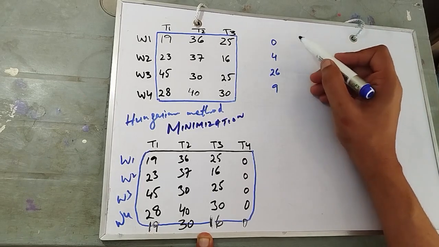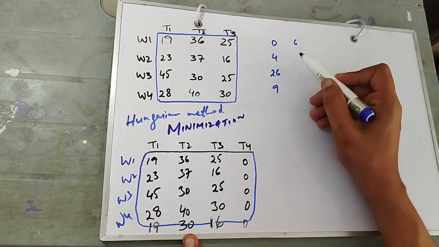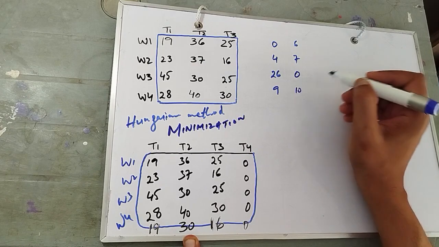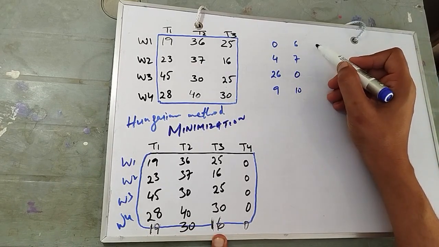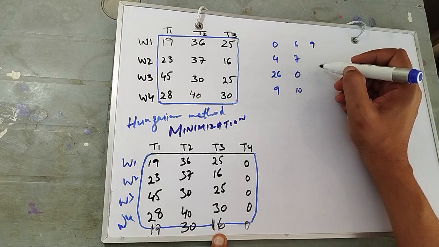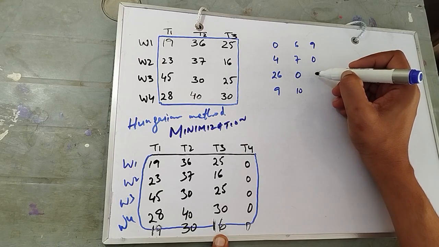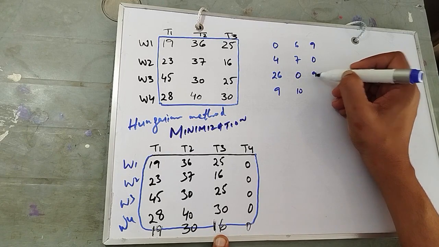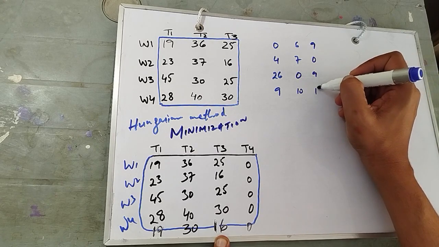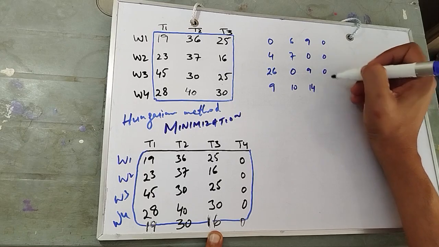If we reduce this column with 30, 36 would be 6, 7, 0, 10. 25 would be 9, 0, 9, 14, and the last column would be the same, 0, 0, 0, 0.